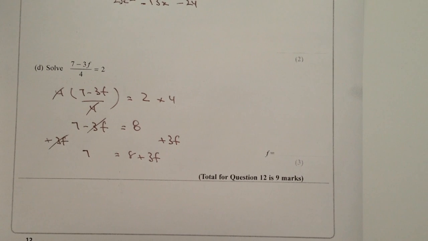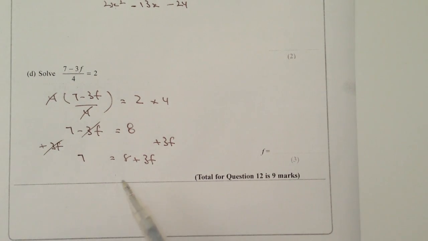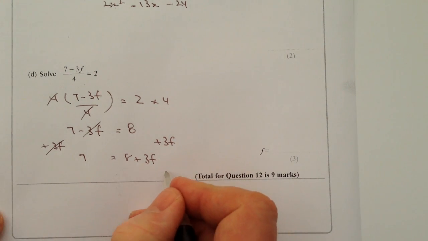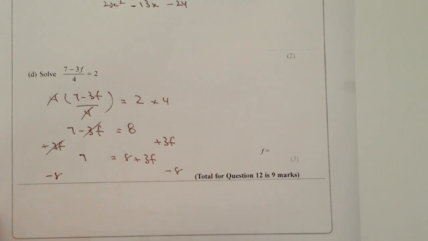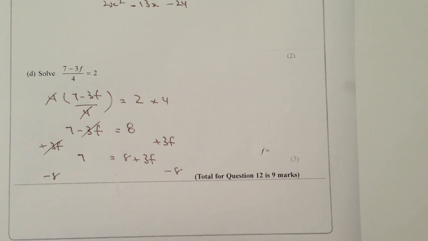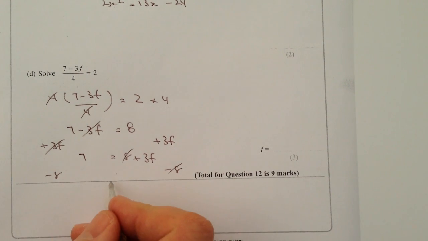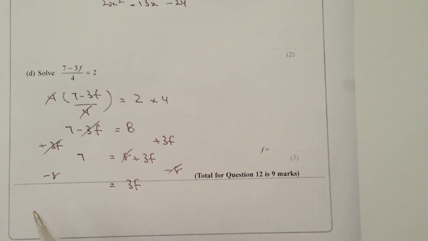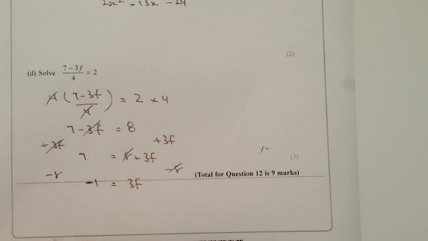Okay, so I'm happy with my 3f there because it's a positive value, it just makes my life a bit easier, but I do need to get rid of this 8 because I want my f values on one side and my numbers on the other. So I'm going to minus 8 from both sides. Now these two cancel themselves out, and I end up with 3f, and then on the left hand side I end up with 7 minus 8, which is going to be minus 1.